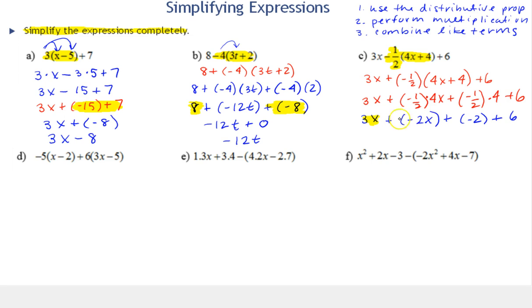So 3x and negative 2x are like terms, and the constants are like terms. So 3x plus negative 2x, well that is 3 minus 2x, and negative 2 plus 6 is 4. Well, 3 minus 2 is just 1, and we write 1x just as x. So our final result is x plus 4.